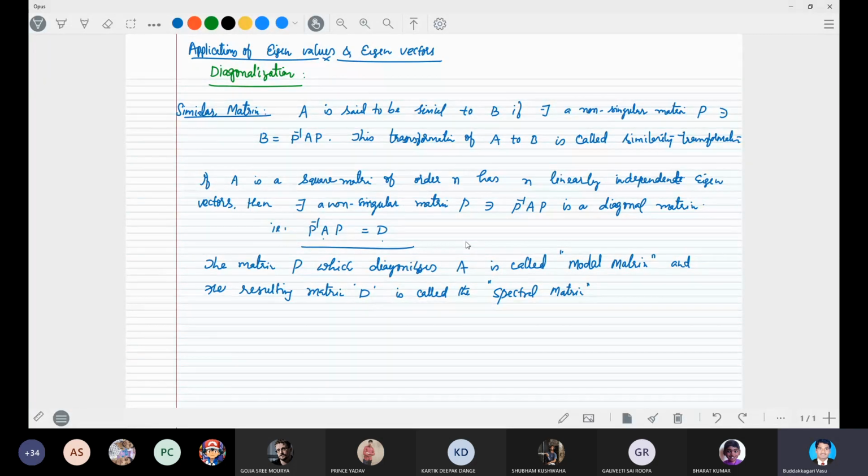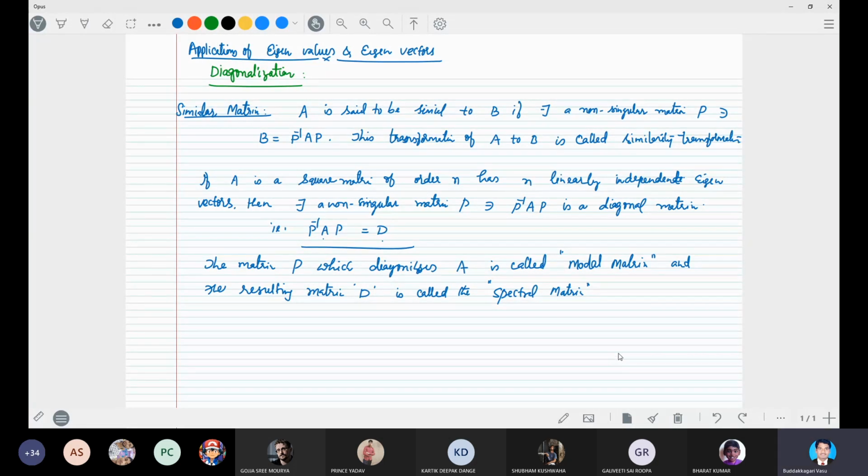Whether it is an upper triangular matrix, a lower triangular matrix or a diagonal matrix, the eigenvalues are its principal diagonal elements. So the diagonal matrix has only diagonal elements, and the diagonal elements are themselves the eigenvalues.